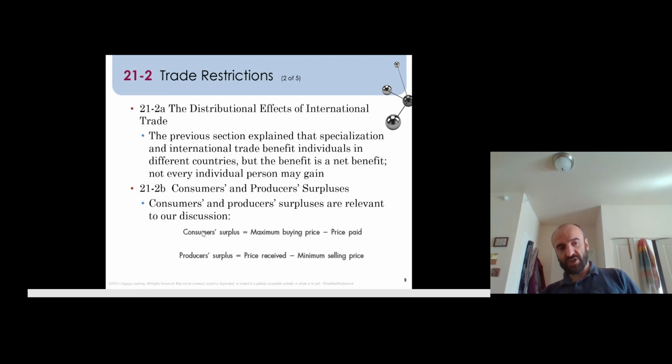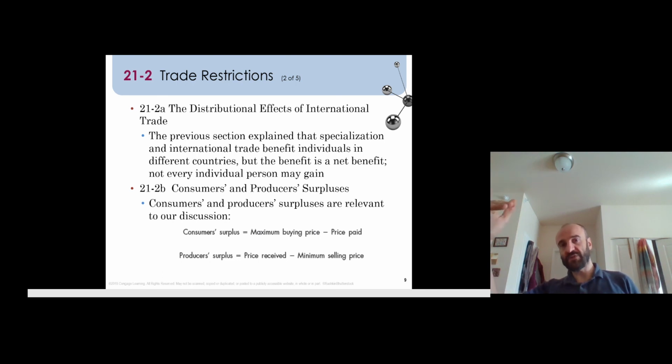That means that protectionist measures, let's say tariffs, that are taxes on foreign imports. The first distributional effect is something that you probably heard about. It's a redistribution of income from consumers to producers. So when you impose a tariff, who is losing? Consumers are losing because they have to pay higher prices for both domestic and foreign goods.